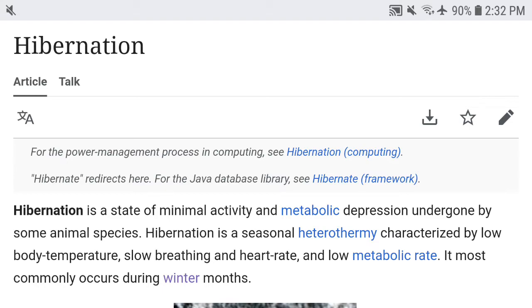The fourth one, which is today, is hibernation. The reason I want to talk about this is that I want to know the interaction between animals, or maybe plants as well, in response to the winter season.